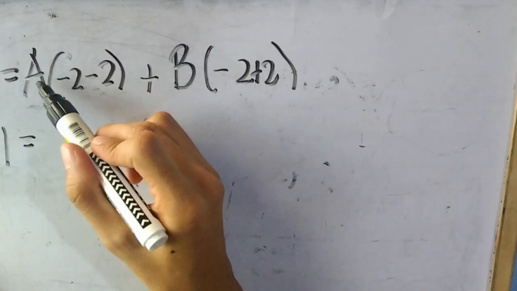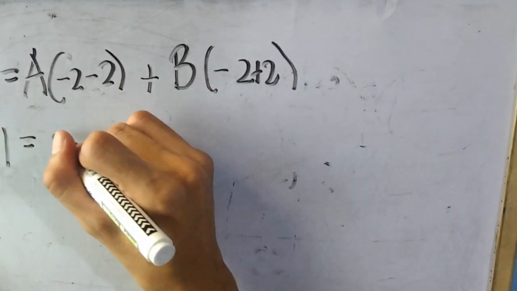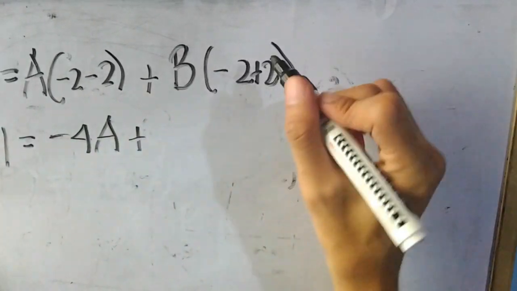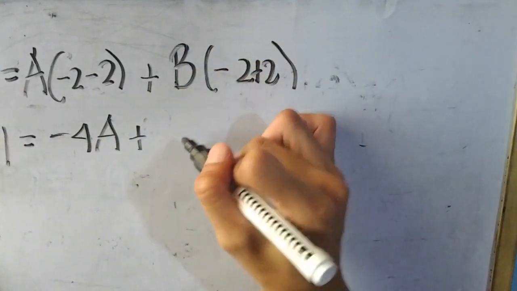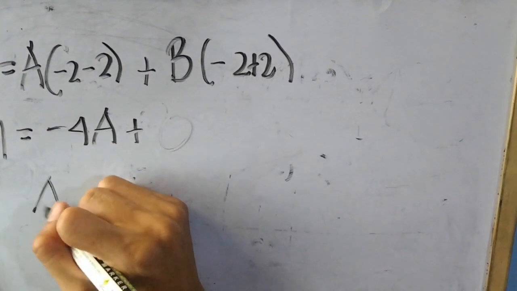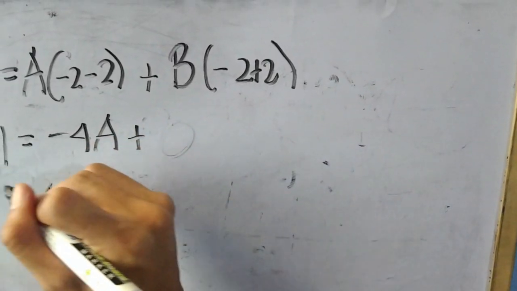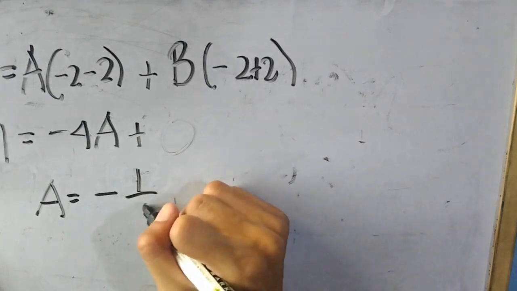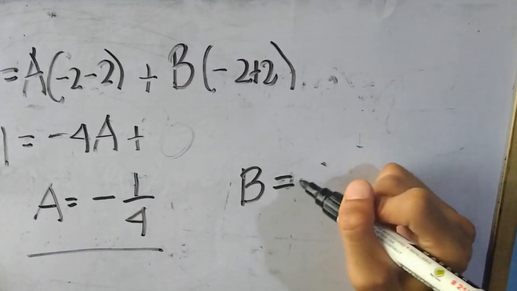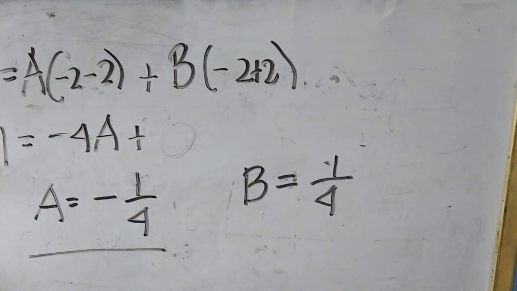Now this is a times negative 2 minus 2, which is negative 4, so negative 4a plus 0. After that, we transpose this to the other side, so a is negative 1/4. And we have the value of b, which is 1/4.